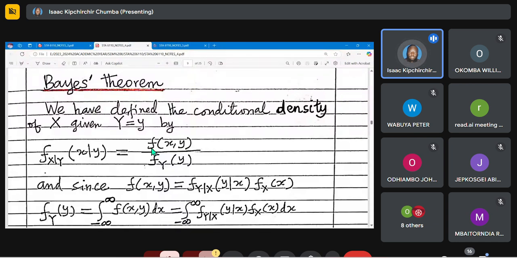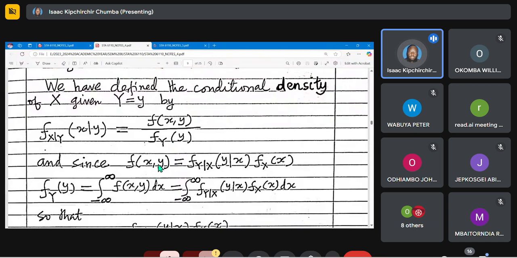So we have defined the conditional density of x given y by this. This is our notation. The left-hand side is the conditional of x given y. The numerator is the joint. The denominator is the marginal. So basically, we are saying if you cross multiply the conditional and the marginal, you get the joint. So the joint is the conditional times the marginal.